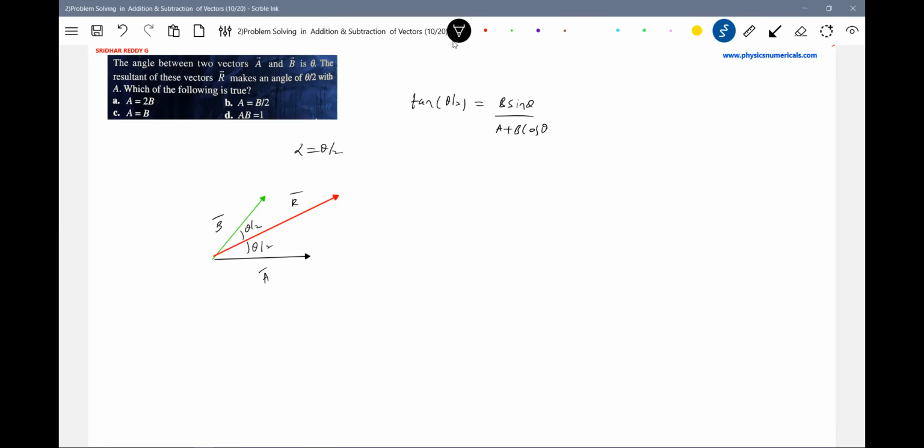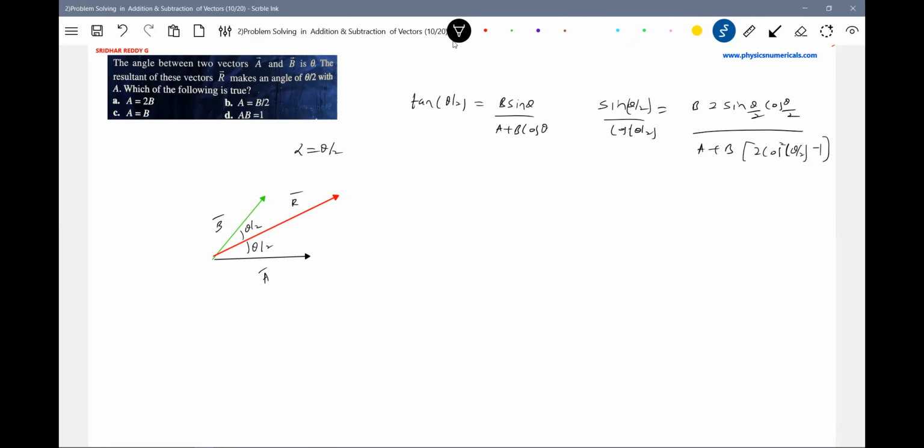Tan theta by 2 can be written as sin theta by 2 over cos theta by 2. B sin theta I'll expand as 2 sin theta by 2 cos theta by 2, and cos theta I'll write as 2 cos square theta by 2 minus 1. Sin theta by 2 will get cancelled out.